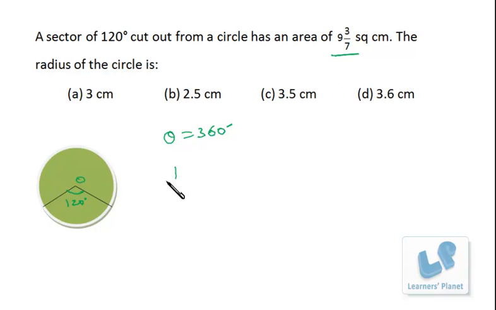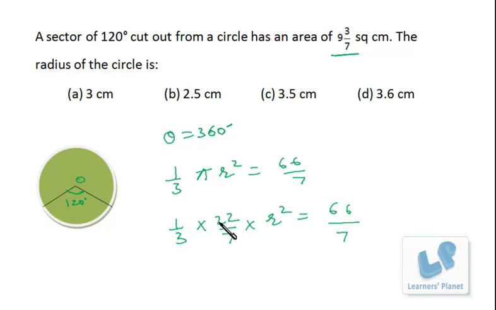So I can say 1/3 of pi r square is this, that is 63 plus 3, 66 by 7. Now we have to find out the radius. So it's 1/3 into 22 by 7 into r square is 66 by 7. So r square is 9, that means r is 3. As simple as that.